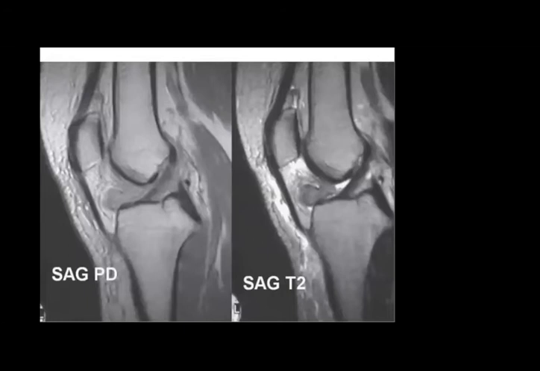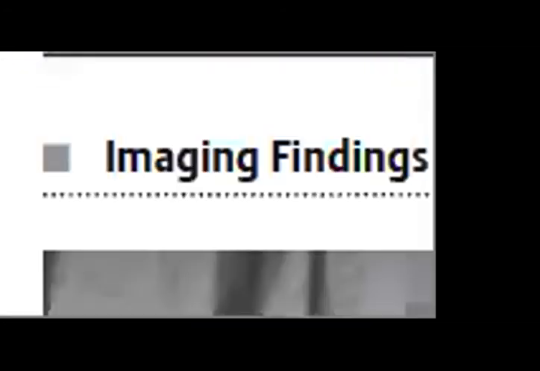Okay, so you will search for blooming artifact because of the hemosiderin. So susceptibility weighted images, or gradient images. Okay. They like to mention also something called synovial hemangioma. It could be one of the good differentials.